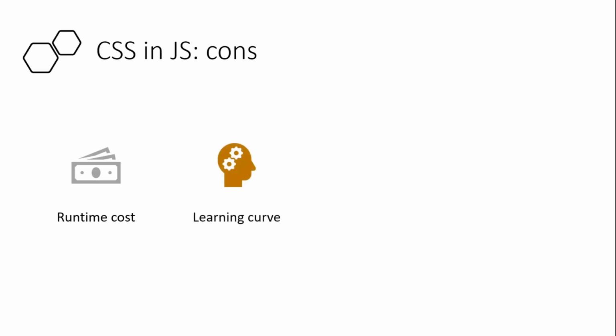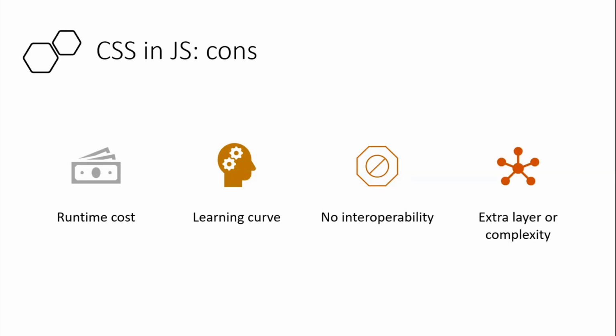Also, you cannot dive into CSS in JS libraries without some knowledge. So you should learn how it works, how to do things, etc. You cannot migrate from one CSS in JS library to another because there is no such thing as interoperability.